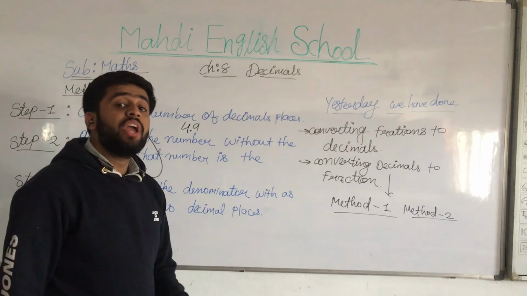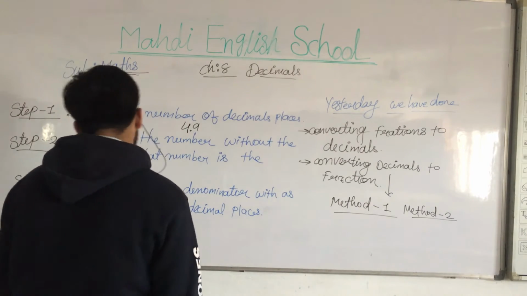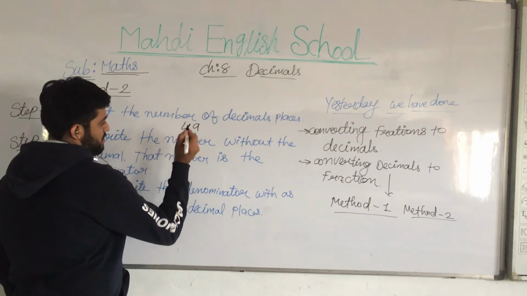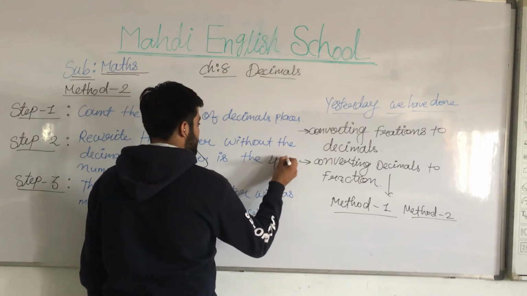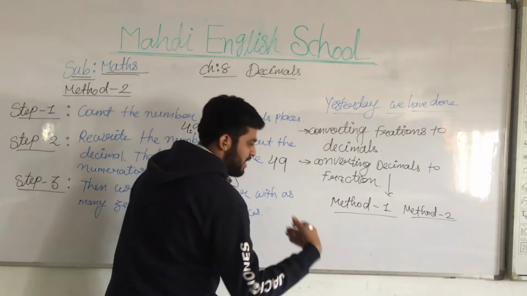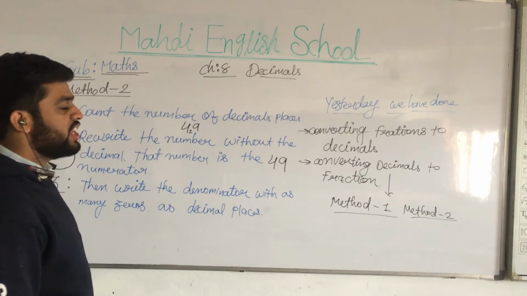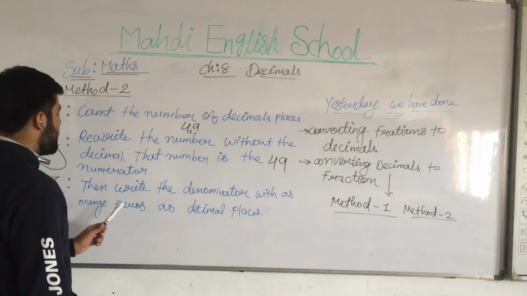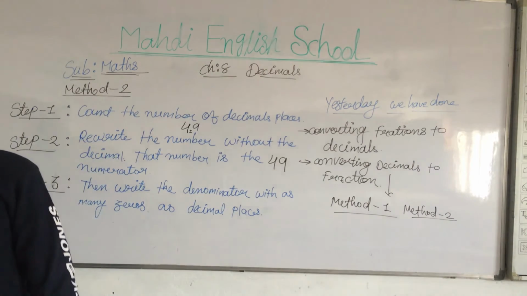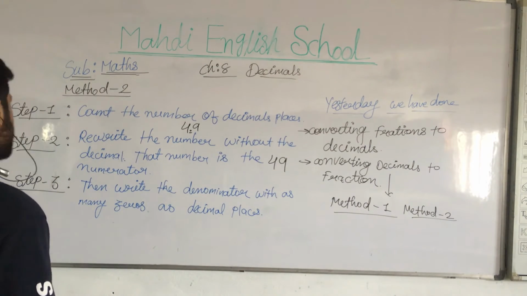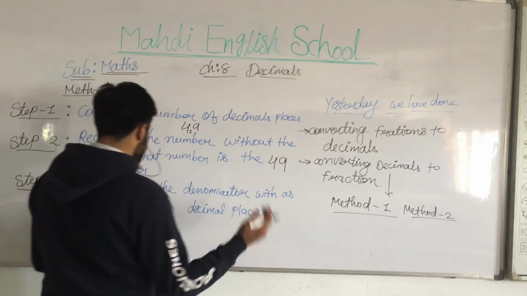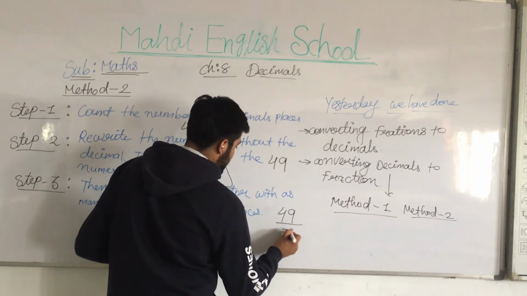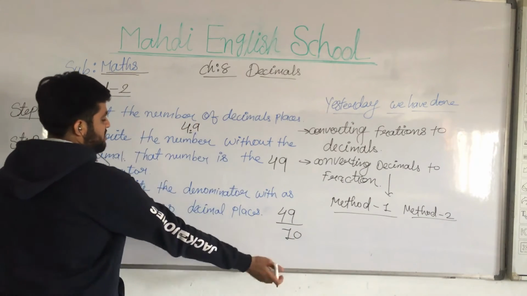We have to remove this decimal point from 4.9 and write 49. Then write the denominator with as many zeros as the decimal places. So it is 49 upon 10, because there is 1 decimal place, that's why we put one 0.